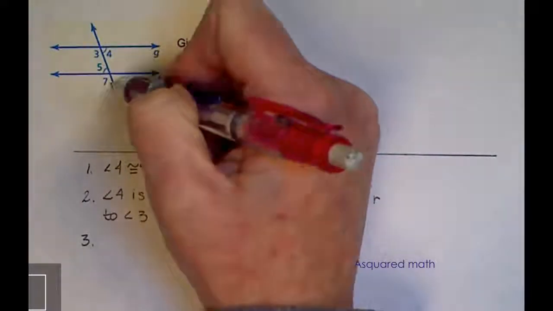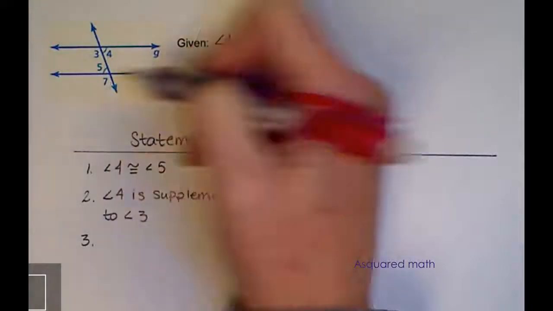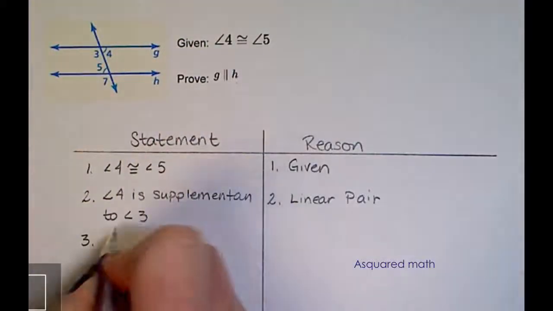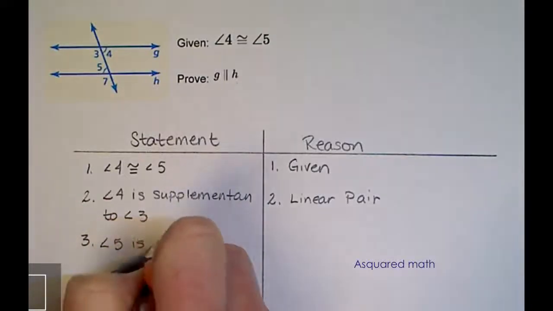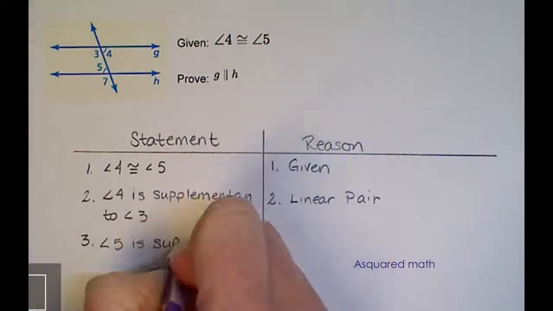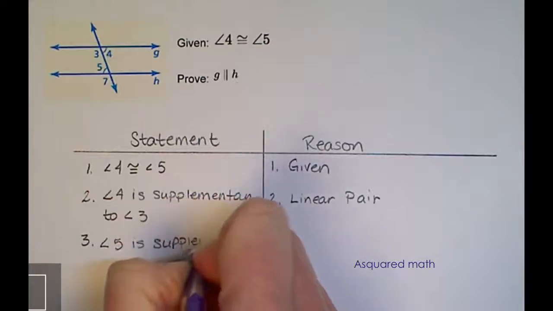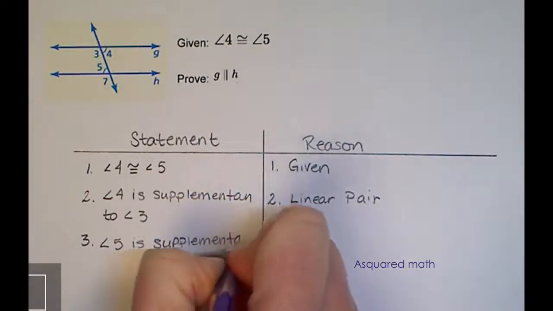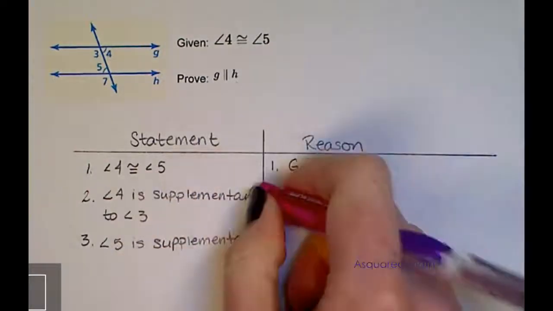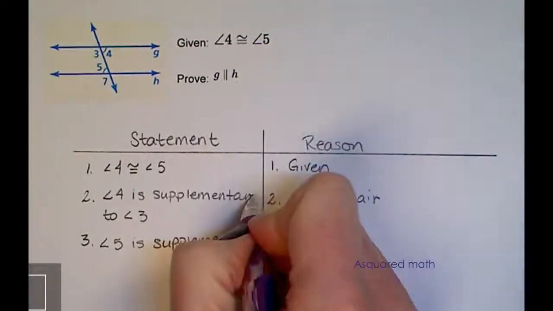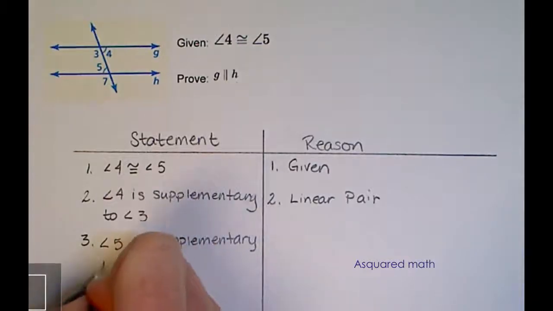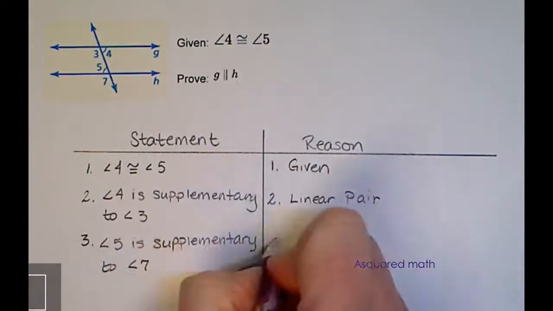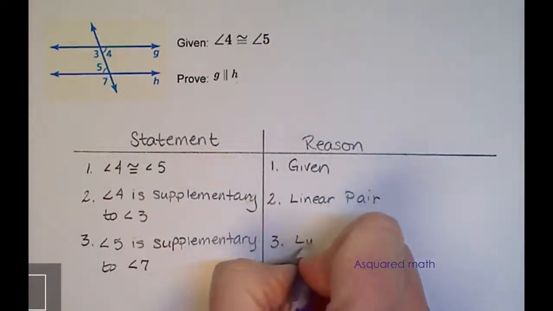They are adjacent and they form a straight line, so they are a linear pair as well, which means they are supplementary. So angle 5 is supplementary to angle 7. I spelled supplementary wrong up here, A-R-Y. And again, we have linear pair.